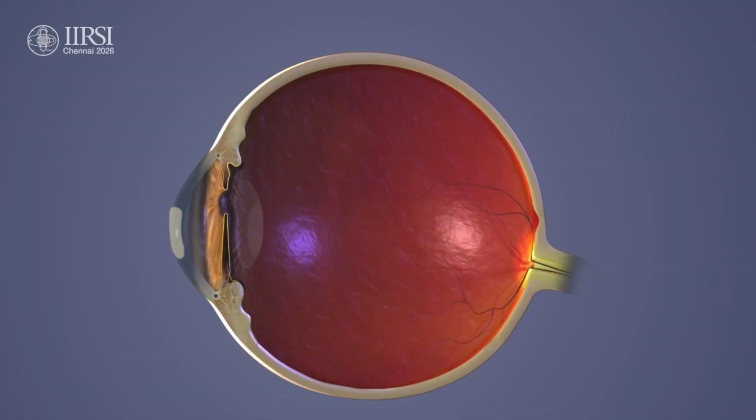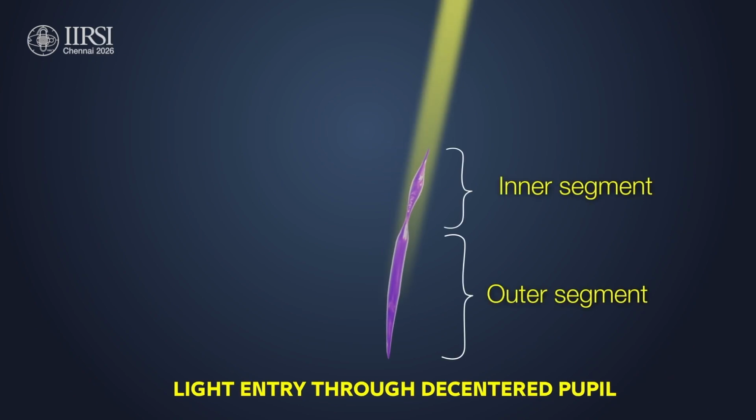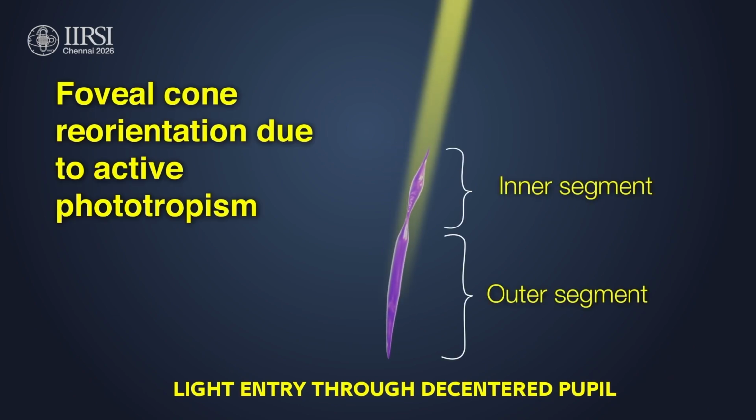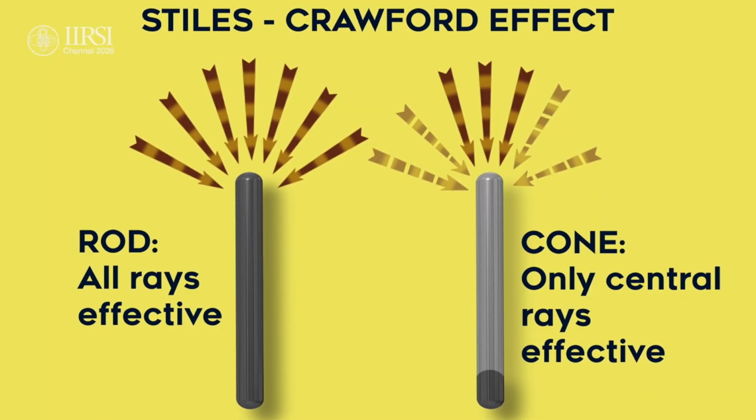So in these cases, we try to shift the position of the pupil from the corneal opacity to the side. Now, here comes in the factor of foveal cone phototropism. As it has been measured by many surgeons across the globe previously, what they have documented is that when you change the pupil location, you also have the tilting of the foveal cone towards the newly created pupil, and that they have documented by actually calculating the Stills-Crawford effect.